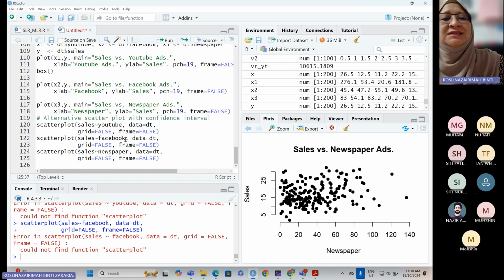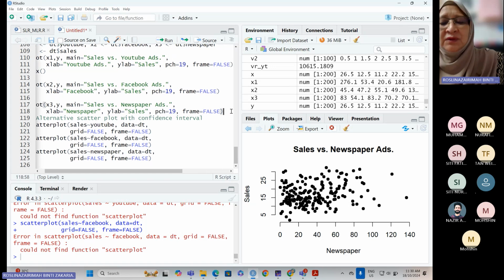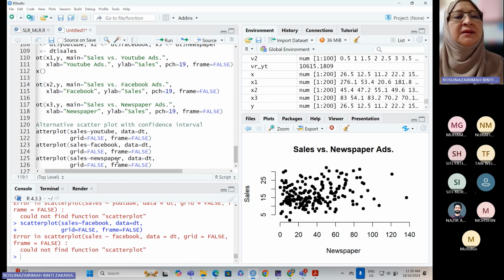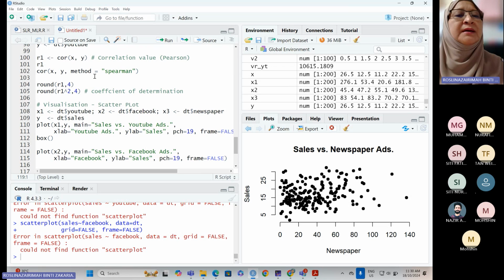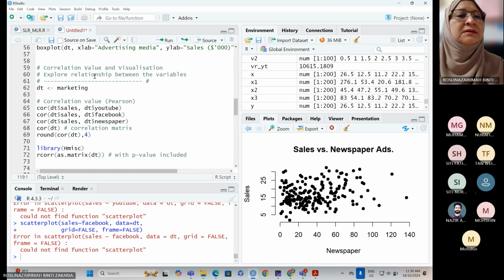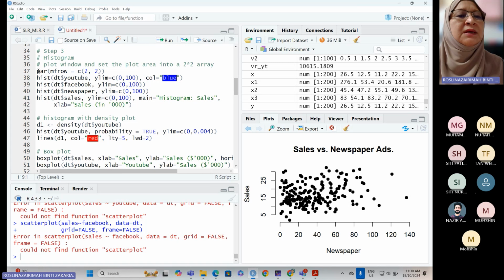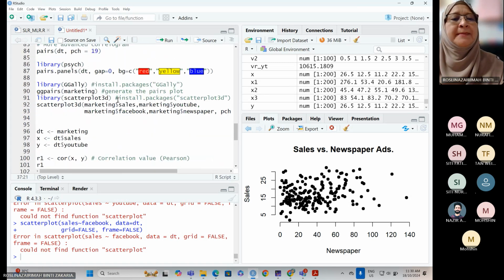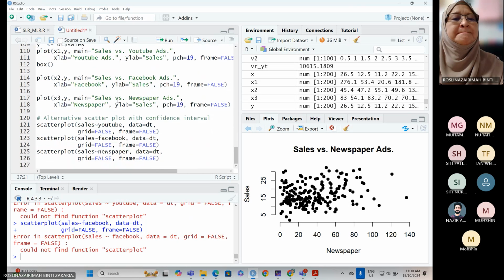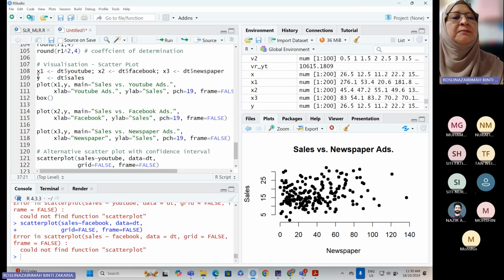If you want to put this in one place, you use par, as before. You can take par. Where is it? Oh yes. Okay, set it to 2 by 2, and then you can put it here.